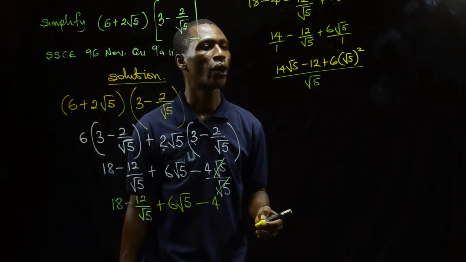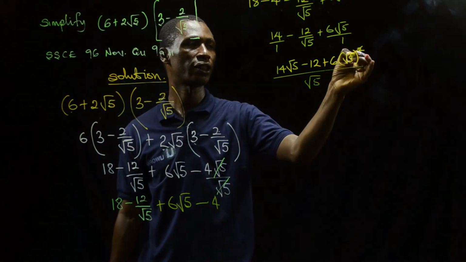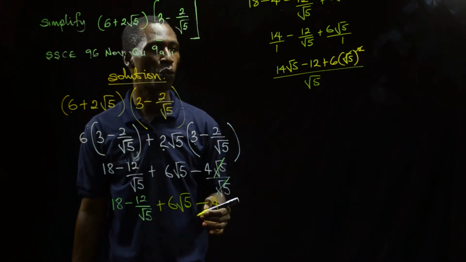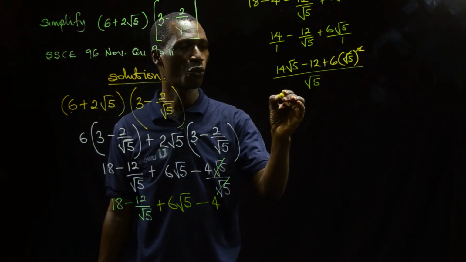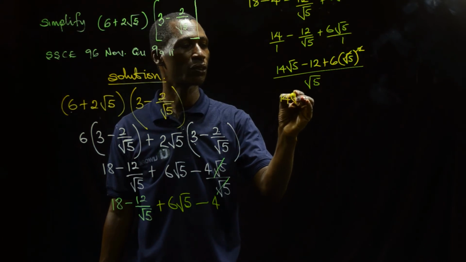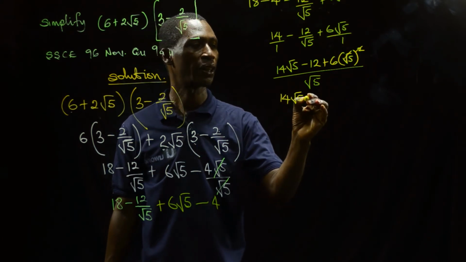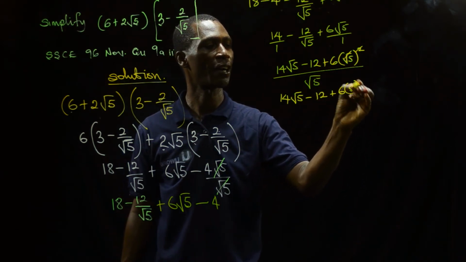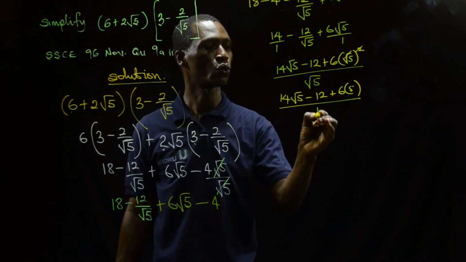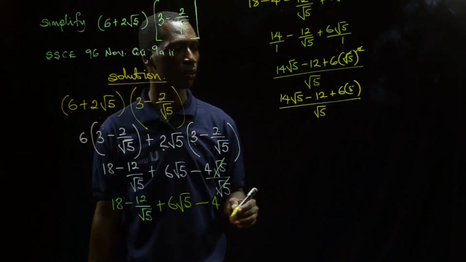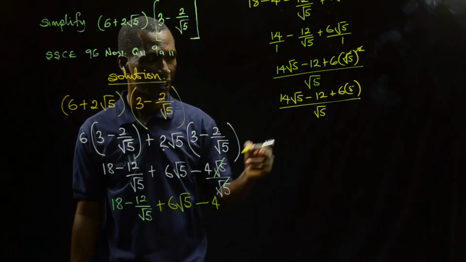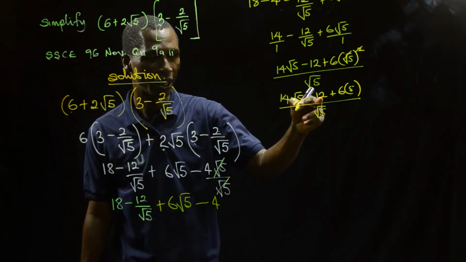Good. Now what happened is this square will blow the root sign away, giving me 14 root 5 minus 12 plus 6 into bracket 5, all over root 5. Good. So 6 times 5 will give me 30. But I've gotten minus 12 here, which will subtract.